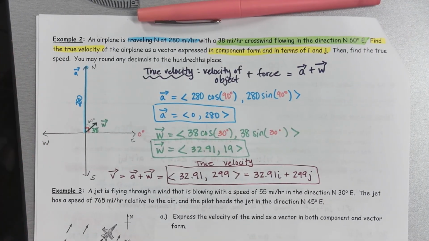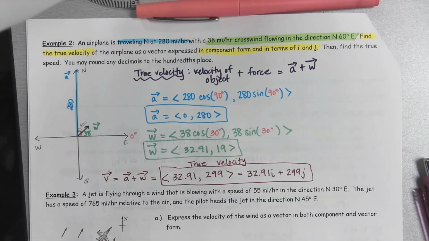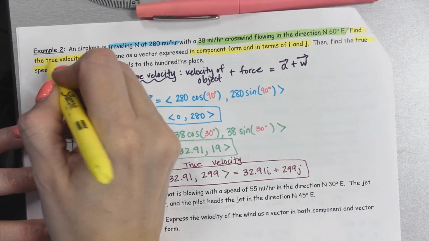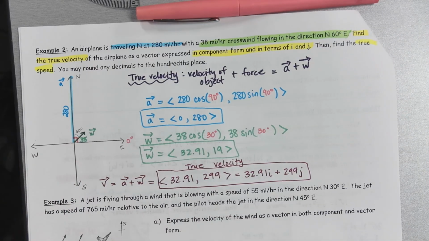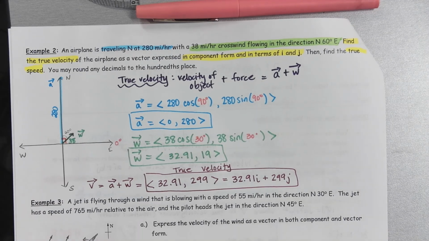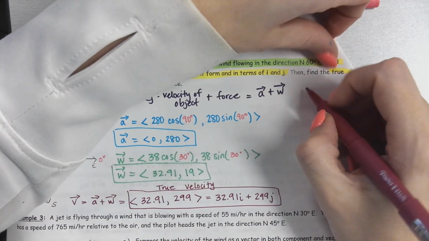Okay, now it also says then find the true speed. So true velocity is a vector because it's going to have direction. The true speed is a scalar value. It is just the magnitude of the true velocity vector.